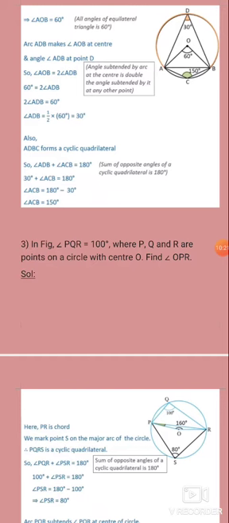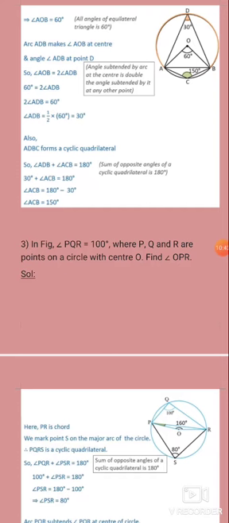We mark point S on the major arc of the circle. Therefore, PQRS is a cyclic quadrilateral. Now listen carefully. Angle PQR plus angle PSR is equal to 180 degrees, the property of a cyclic quadrilateral.